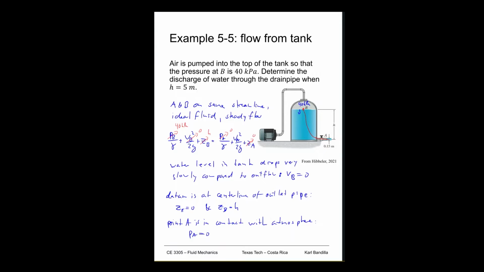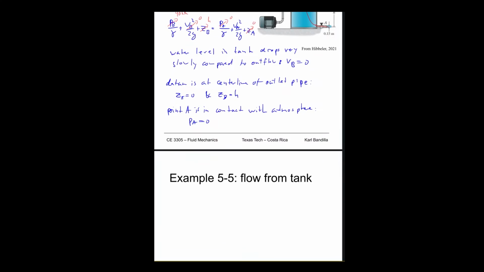Well, that means pretty much everything drops out, which is of course exactly what we want. So what are we left with? We are left with, on the one side, PB over gamma plus H. And then on the other side, we are only left with VA squared over 2g.